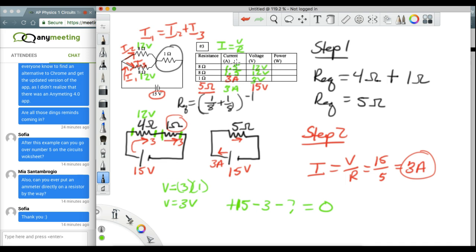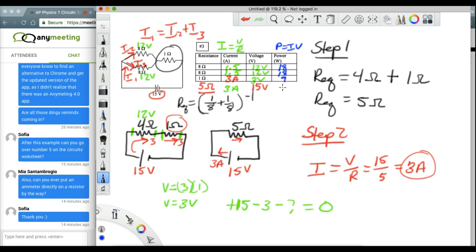Now for power, that's the easy one. That's just current times voltage. So when I multiply, P equals IV, when I multiply current times voltage, 12 times 1.5 gives me 18 watts. And I'll get 18 watts again there. And I'll get 9 watts there.